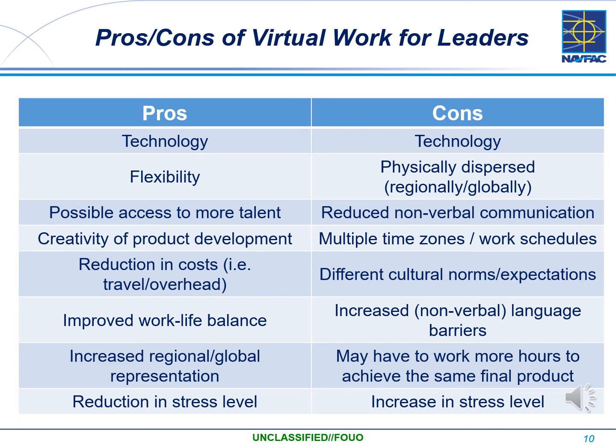So if we look in the pros column, an example of a pro would be flexibility and improved work-life balance. So what exactly does that mean? Well, that means you may have more flexibility in how you can lay out your day or arrange your day.